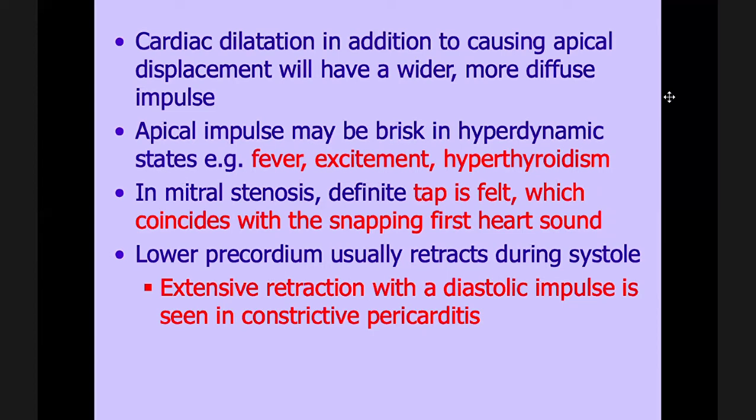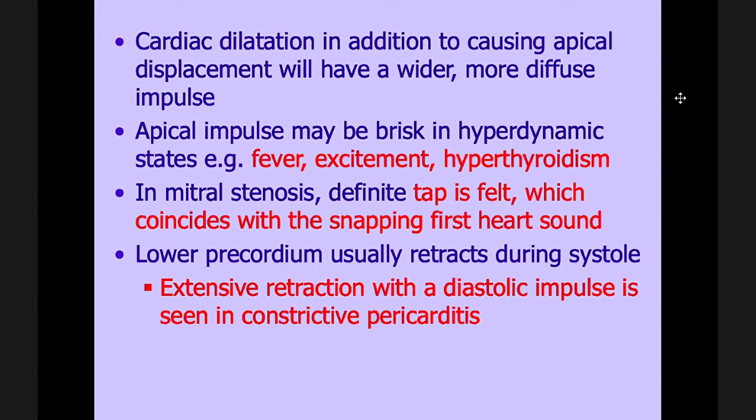If you have cardiac dilatation, in addition to your apical displacement, this will have a wider and a more diffuse impulse. So may displacement na siya, at the same time, the impulse is diffuse because you already have dilatation.